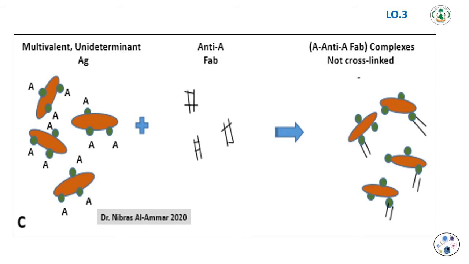When anti-A Fab binds with the multivalent unideterminant antigen, anti-A Fab complexes occur but are not cross-linked between each other, because there is no other binding site on the Fab to interact with another epitope.